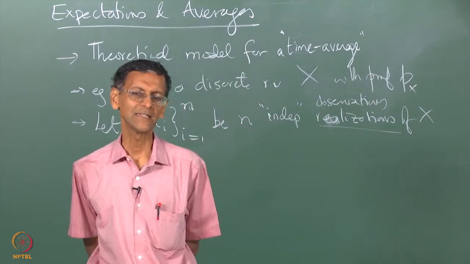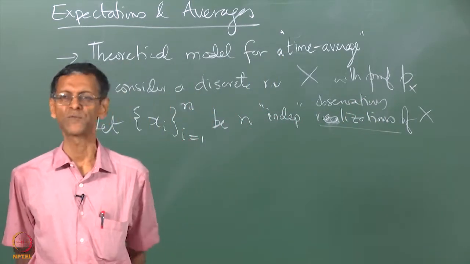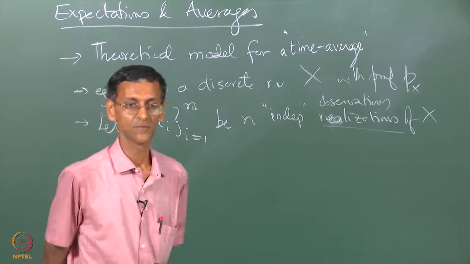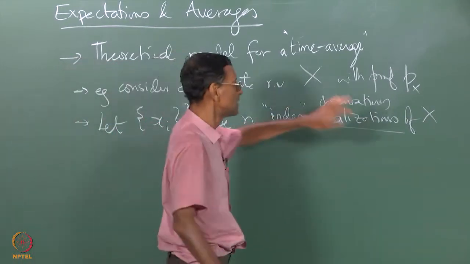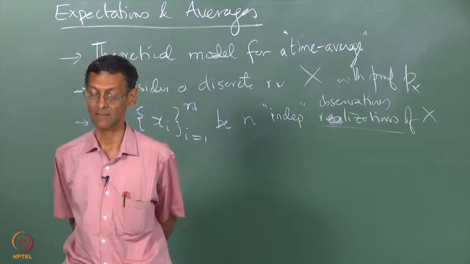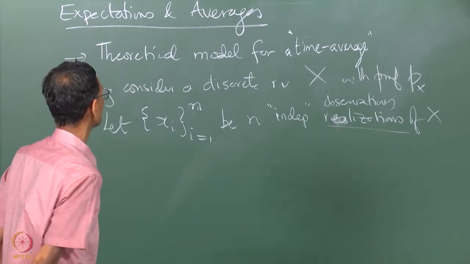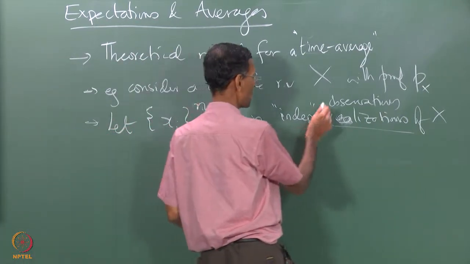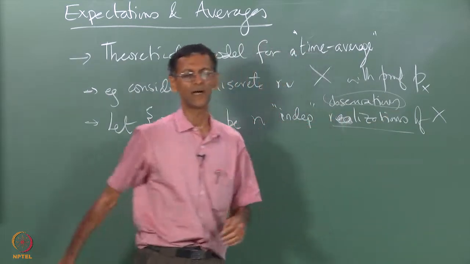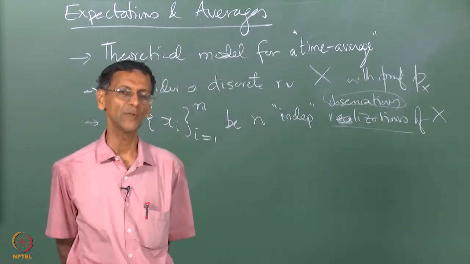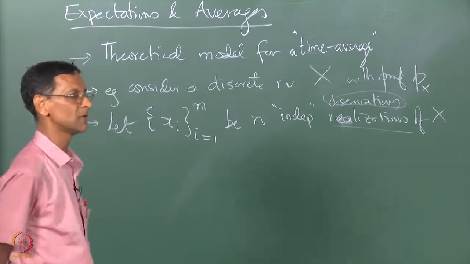The value that it takes in any trial is either a realization or an observation. Both terms are used, especially the word realization, so you should be comfortable with that. In probability, repeated trials are always considered to be independent, never dependent.